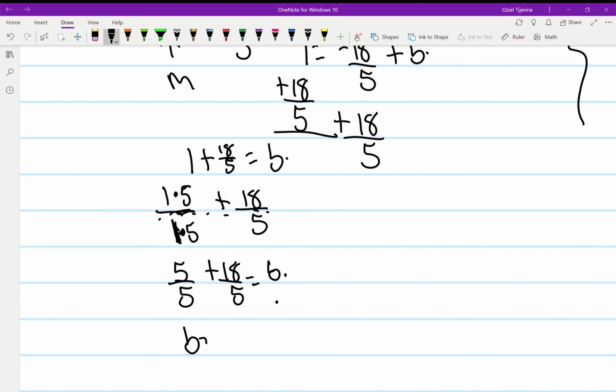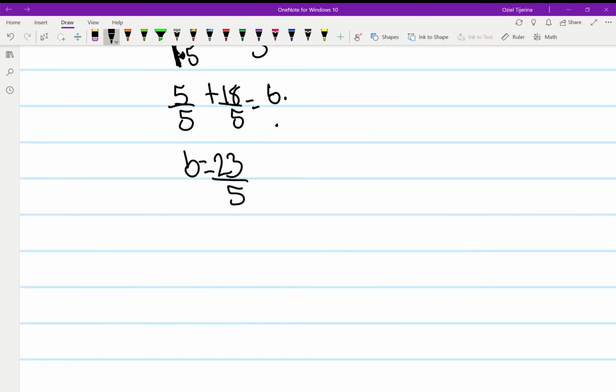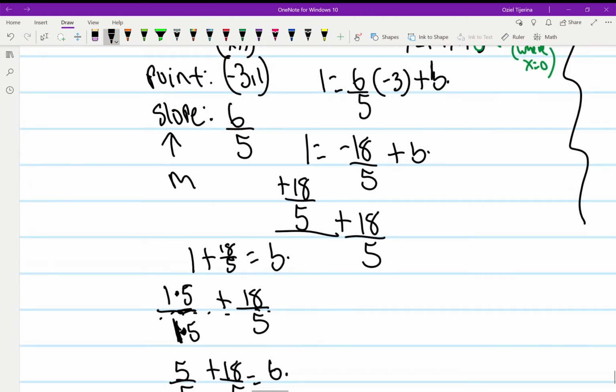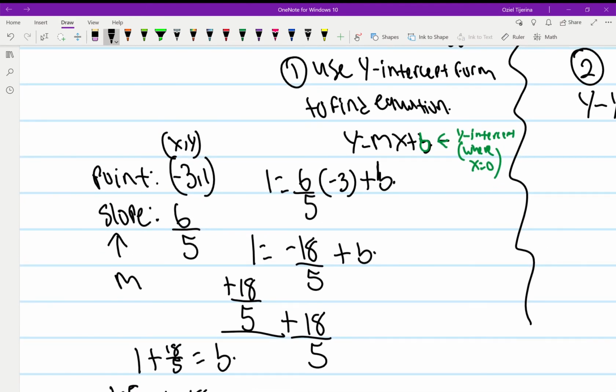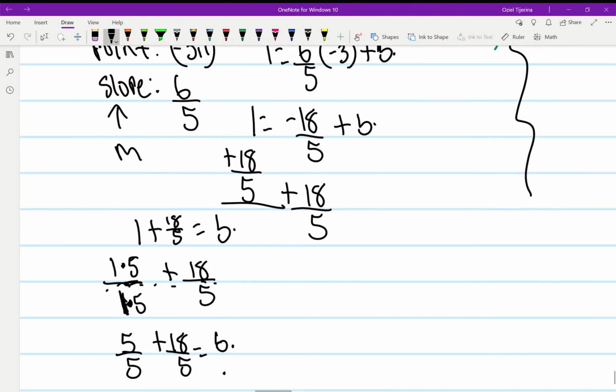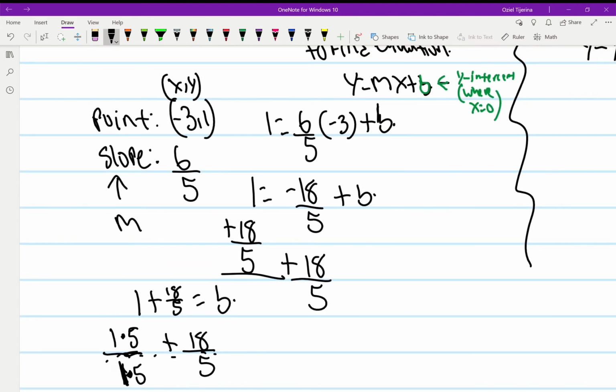And then we have b equals 23 over 5, okay? So then, this is our y-intercept. So now we have found our equation, because all we need is our slope and our y-intercept.